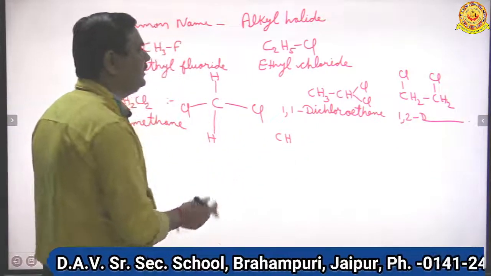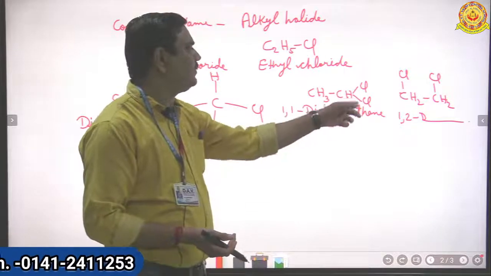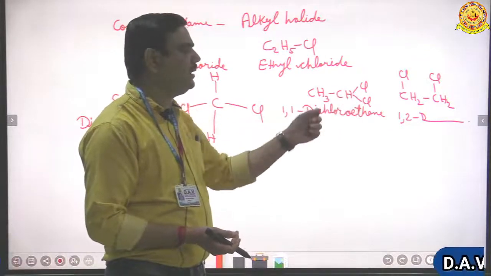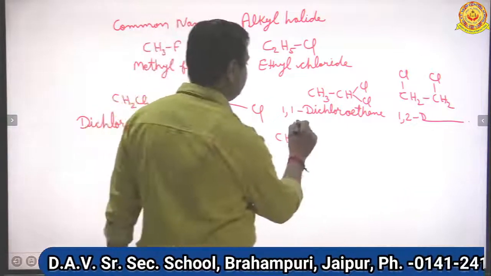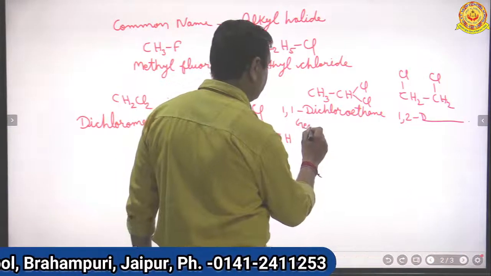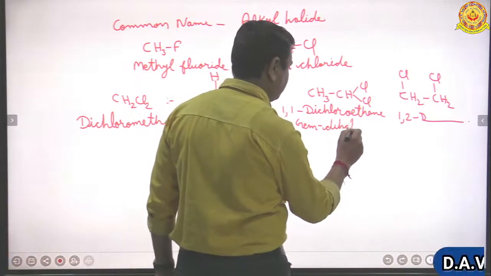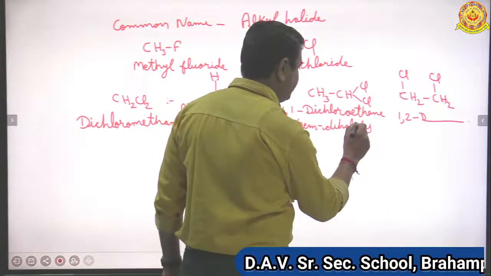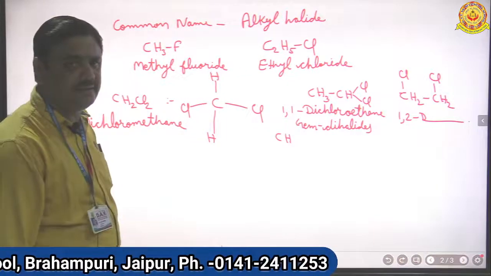One more thing: in the common system, these types of dihalides in which both halogens are attached to the same carbon atom are called gem dihalides.